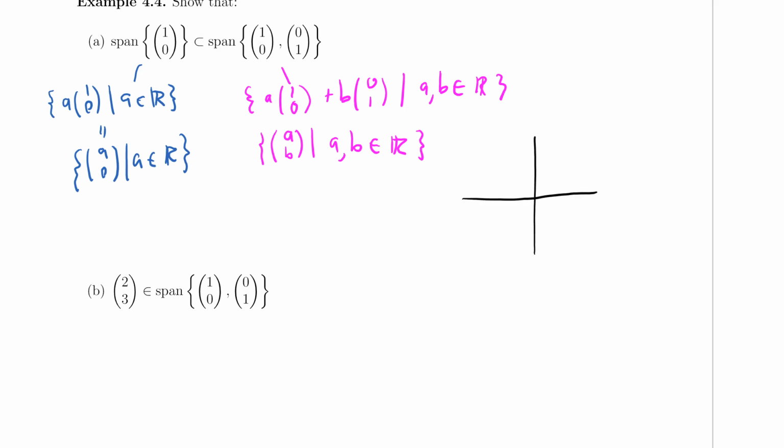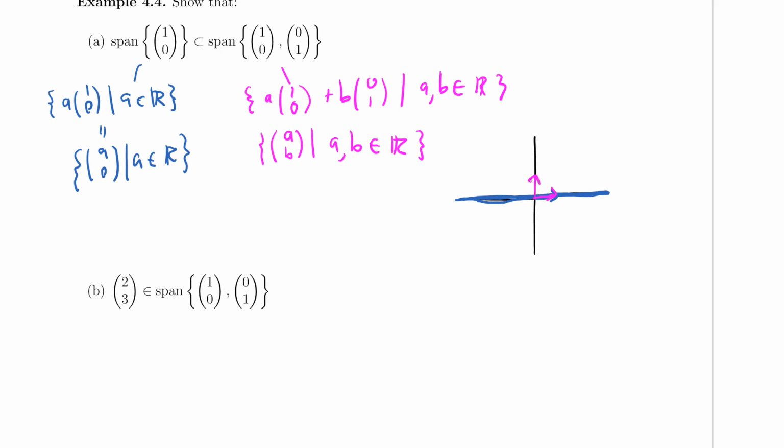My left hand side, the span of (1, 0), is basically this vector. So the span of this vector, I used the wrong color. The span of (1, 0) is going to be just this line. It's going to be the x-axis that we have here. Now, how about the right hand side? The span of (1, 0), the same guy, and (0, 1).